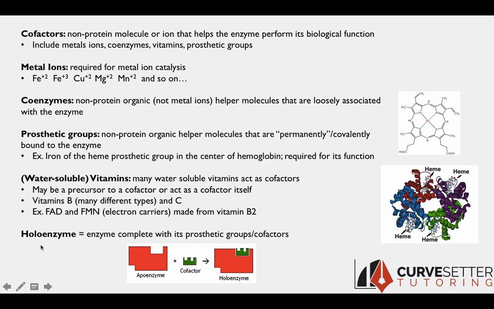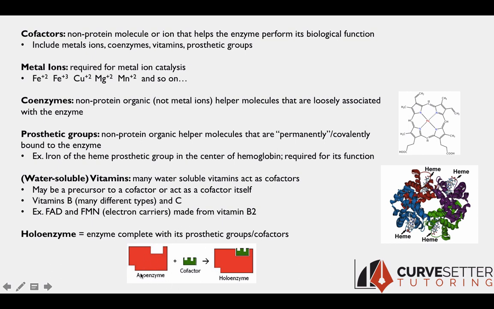Another term is holoenzyme, and that just means the enzyme, the complete enzyme, the whole enzyme. That's how I remembered it. So it's the enzyme complete with all of its required prosthetic groups, cofactors, whatever it needs to perform its function. And then, just so that you're familiar with this term if it comes up, apoenzyme is the sort of precursor.